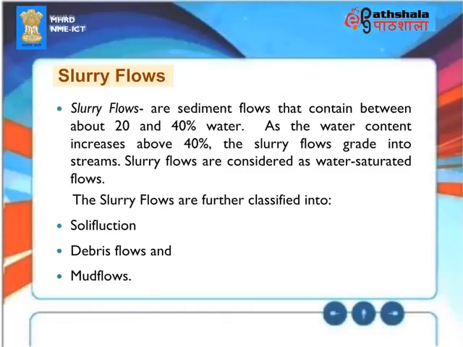As the water content increases above 40%, the slurry flows grade into streams. Slurry flows are considered water-saturated flows. The slurry flows are further classified into solifluction, debris flows, and mudflows.